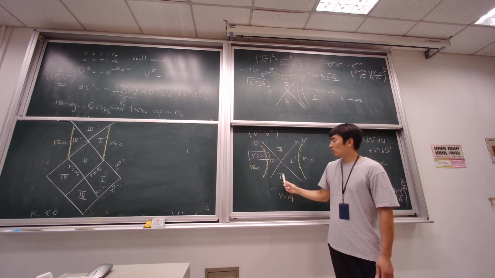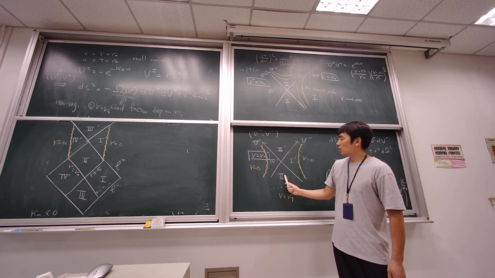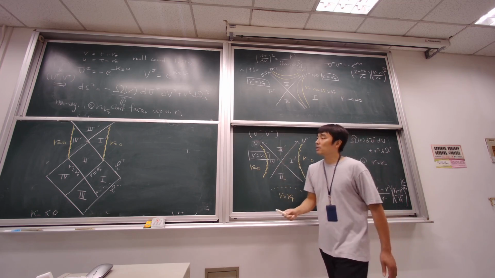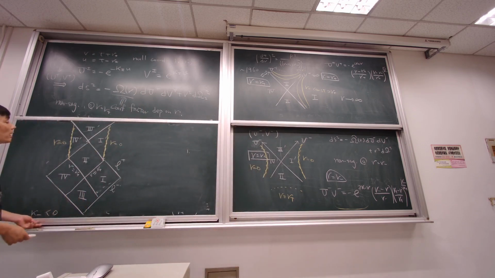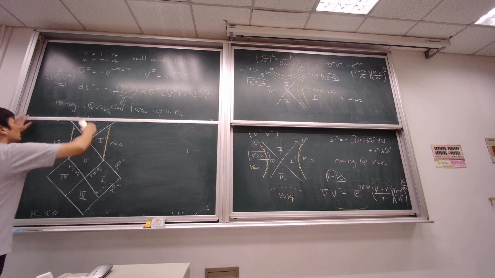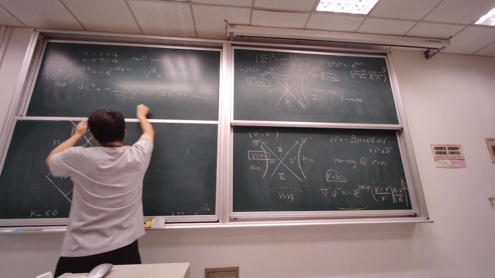Since the causal structure here, r is time-like, therefore the light cone becomes like this. And then you can extend, in fact, this conformal diagram like this way.